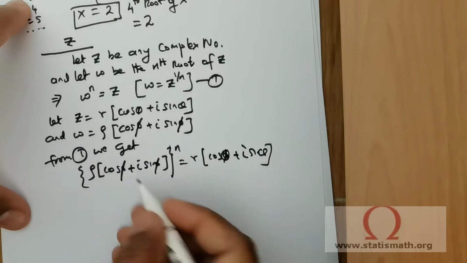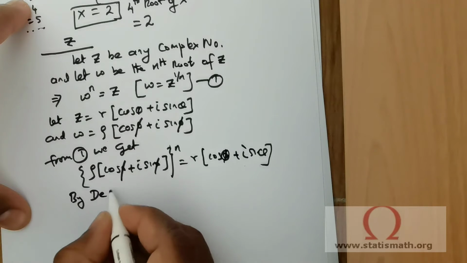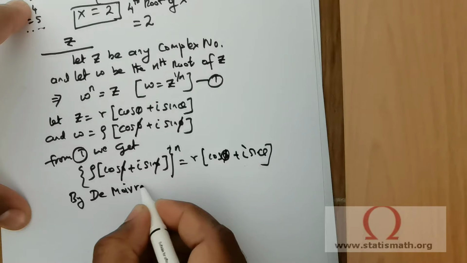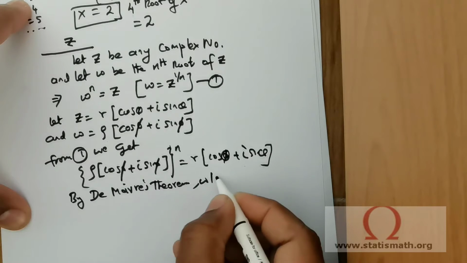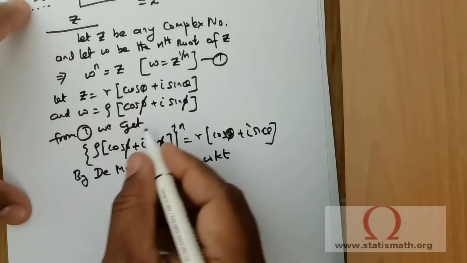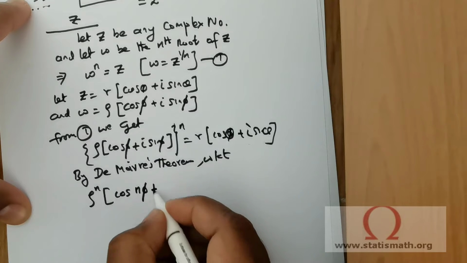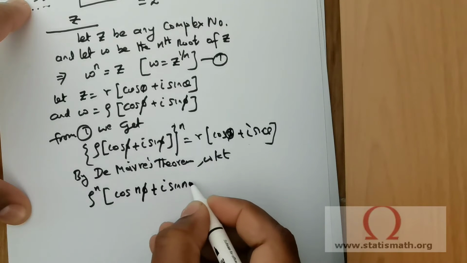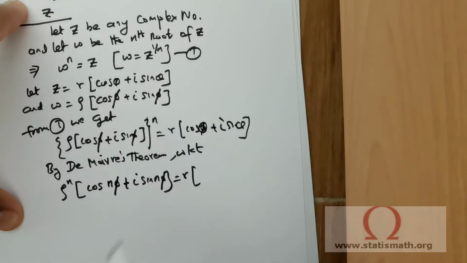So we have got an equation. Now by De Moivre's theorem, we know that I can rewrite this as rho to the power n of cos n phi plus i times sine n phi. Now this is equal to r times cos theta plus i sine theta.